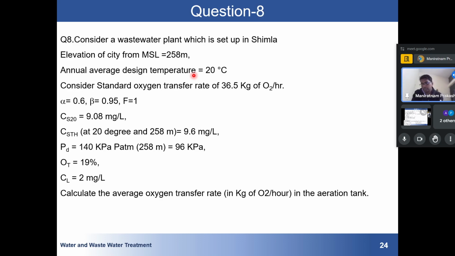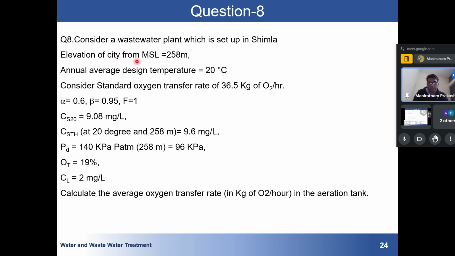So coming to the eighth question. Generally when people are framing questions, they use real data. This is a treatment plant which is in Simla.